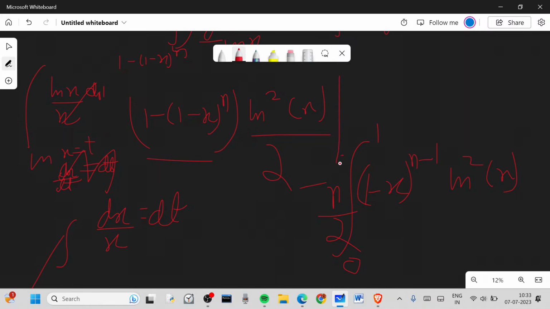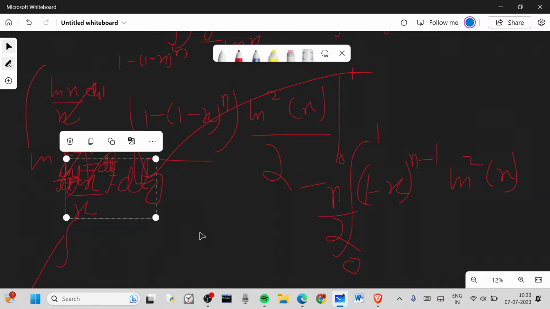Putting 1 here, this is 0, putting 0 here, it is a 0 by 0 limit, something like ln 0, minus infinity, into 0 type of limit, but it leads to 0 because ln x is a very slow function and x to the power 1 minus is a very fast function.